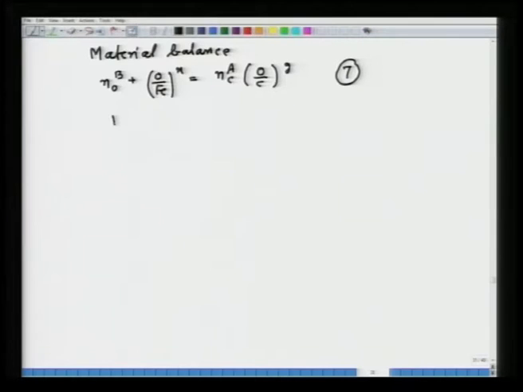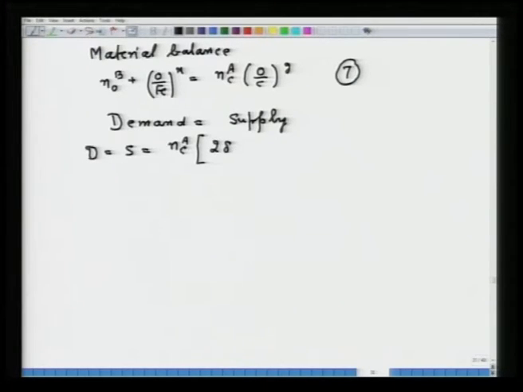Now, demand should be equal to supply. There should be no doubt on this. So, we know that demand D is equal to supply S, that is equal to NCA times 283,000 O by Cg minus 172,000. Let us make this equation 8.